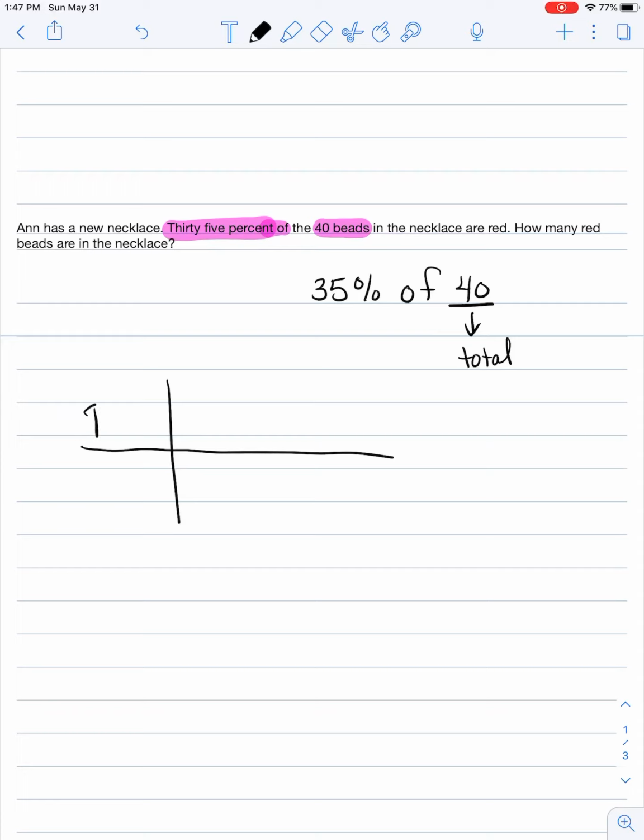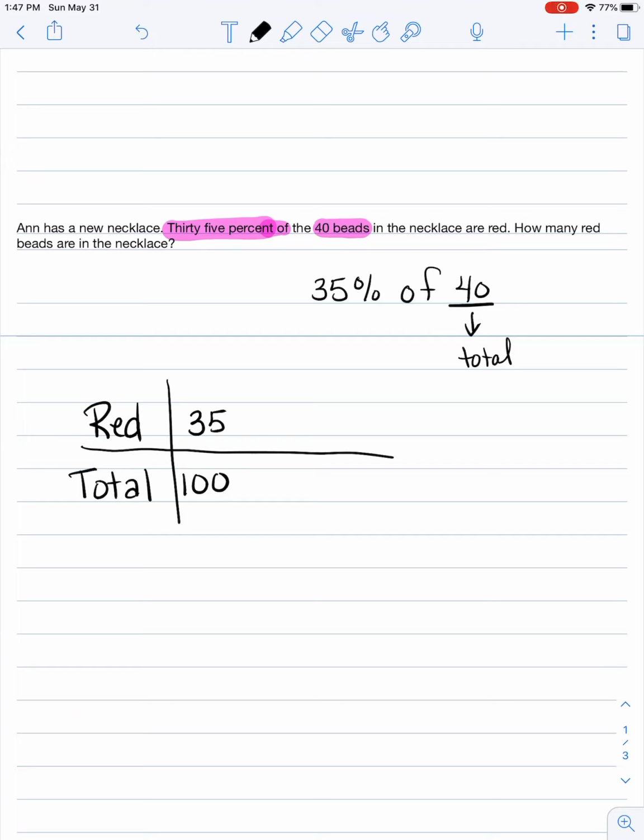So now, since I have a word problem, I'm going to put some context here, and I'm going to label red out of the total number of beads. Okay, and so I know that 35% of them are red, so 35 out of every 100 beads would be red.